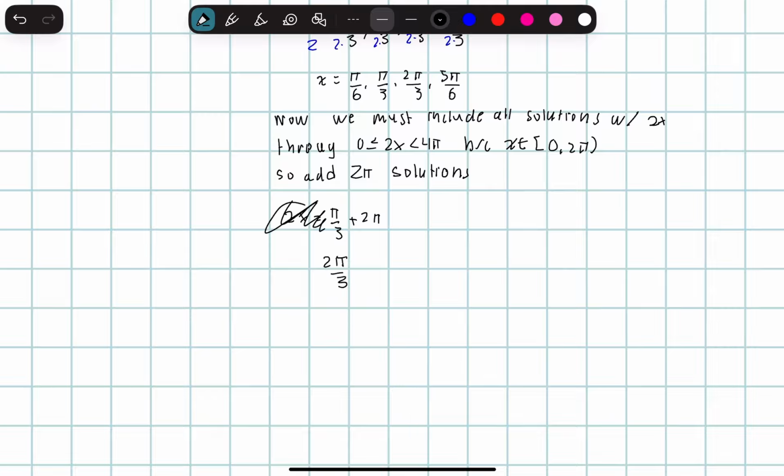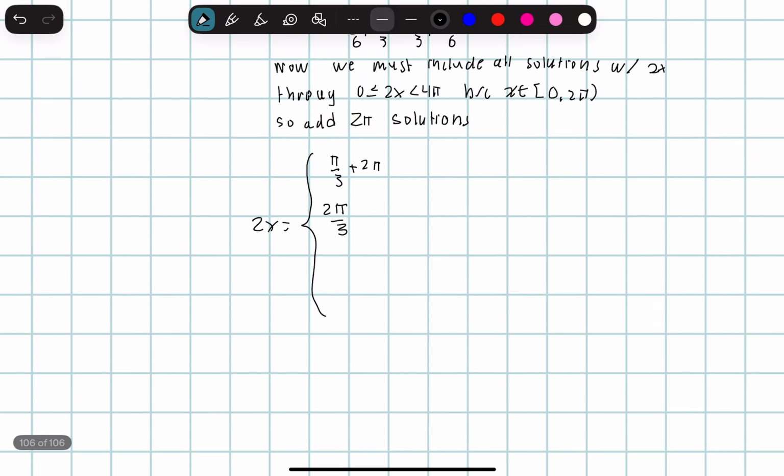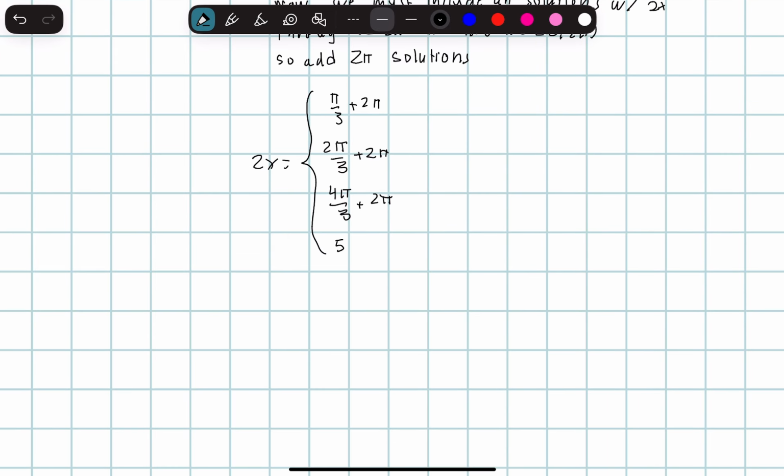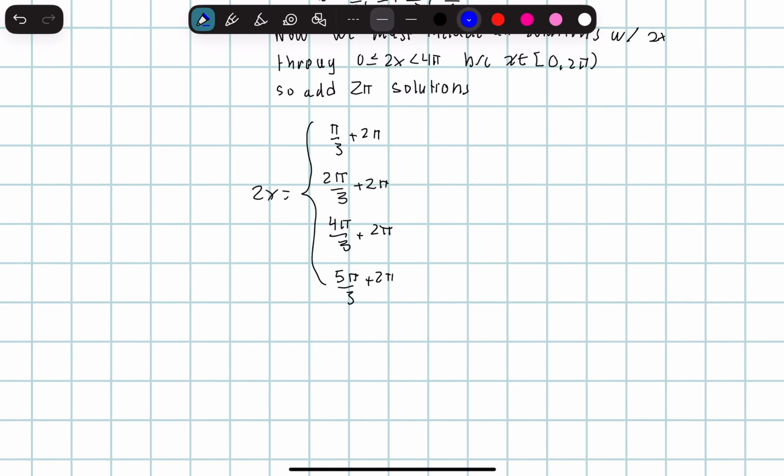We can basically just do it like this. Now, after this, we can divide everything by 2.